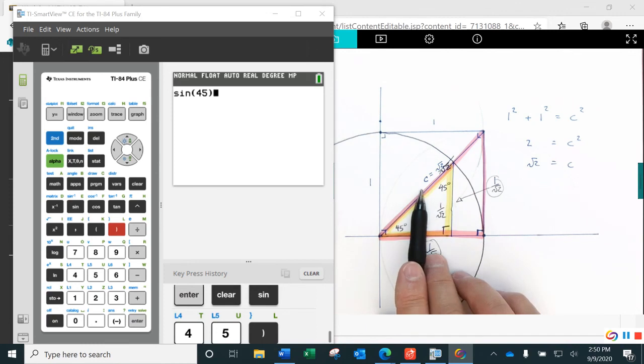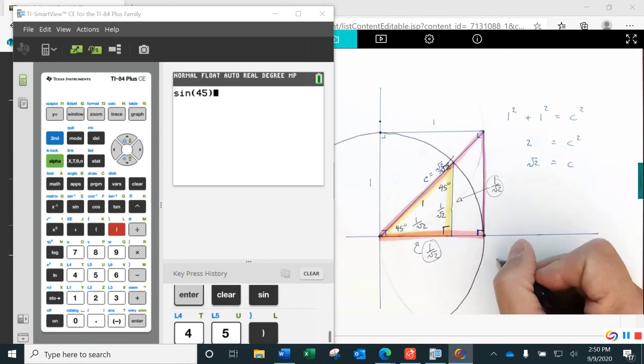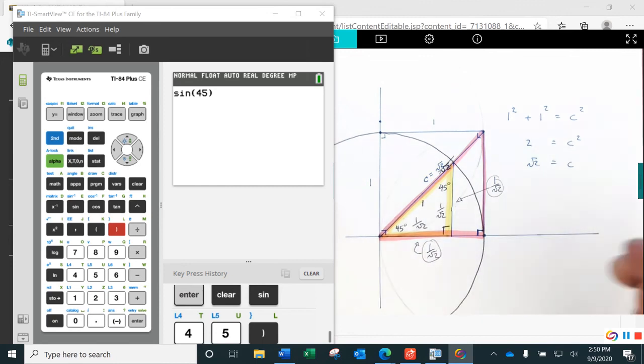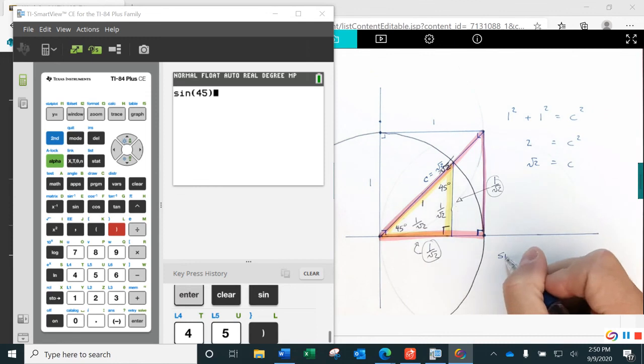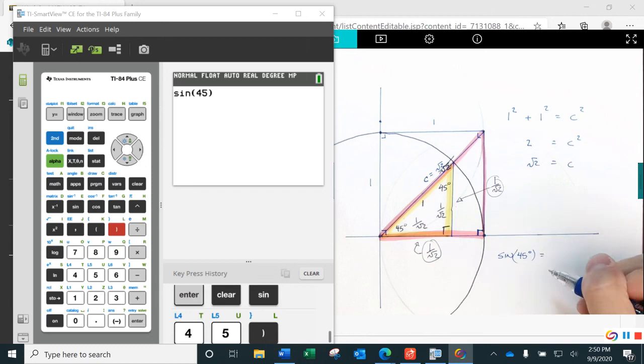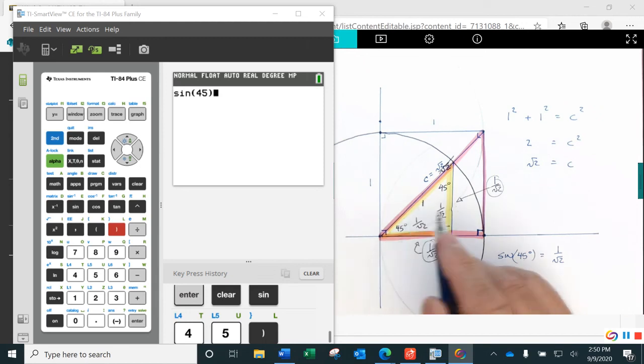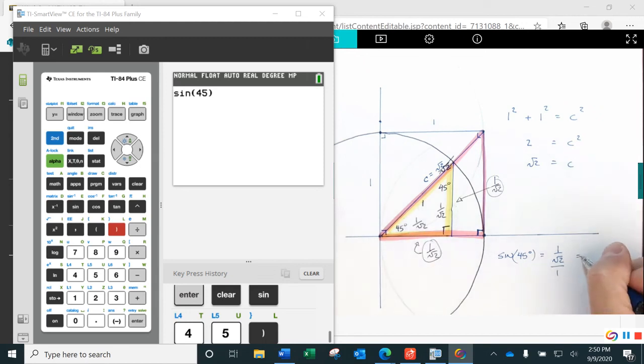In this case, opposite 1 over the square root of 2. Let's just write this down. Sine of 45 degrees is equal to the opposite, 1 over the square root of 2, divided by the hypotenuse, which is 1 over the square root of 2.